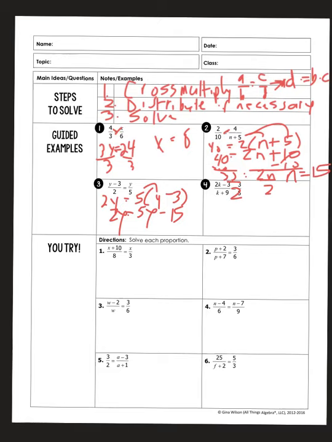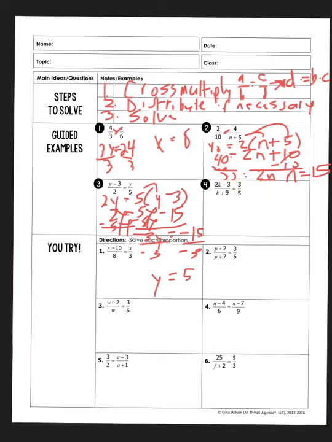I'm going to subtract 5y from both sides, even though this is not what I would normally do, because I like to keep the variable positive. And I'm left with negative 3y equals negative 15. Divide by negative 3. Y equals 5.